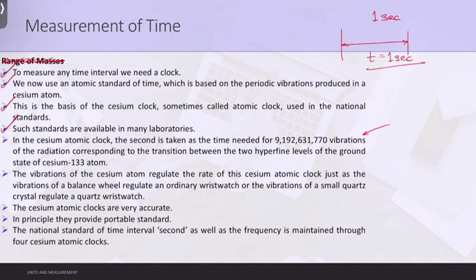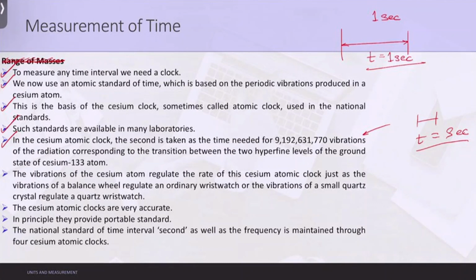Just to explain in a very easy statement, there are periodic vibrations happening due to the radiation in the cesium, and due to this we find out the complete time duration. It would be preferable if we remember this line, because it is very useful.